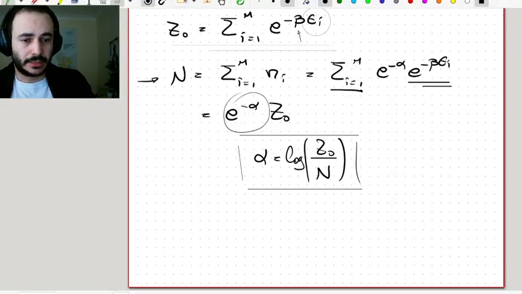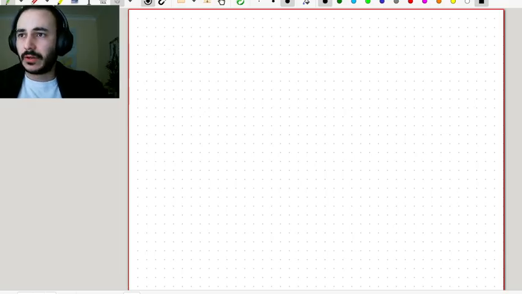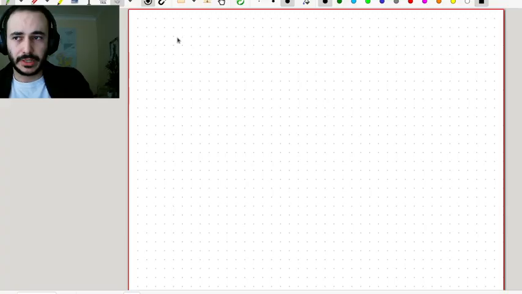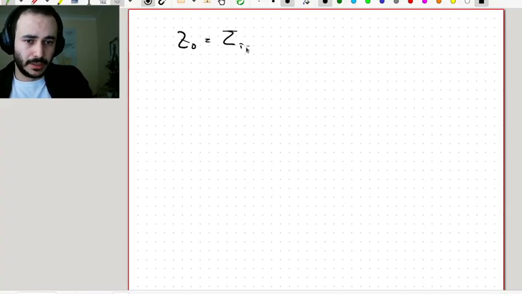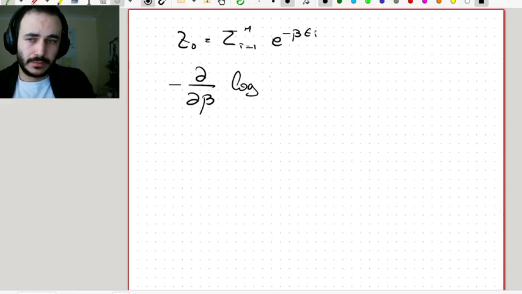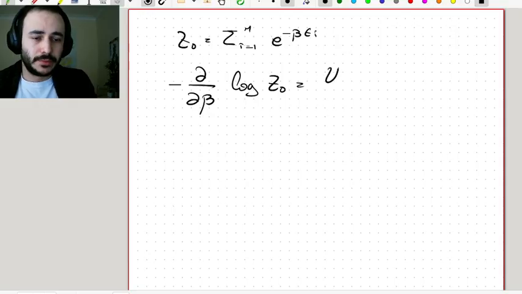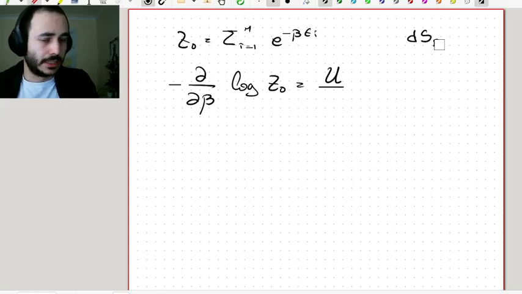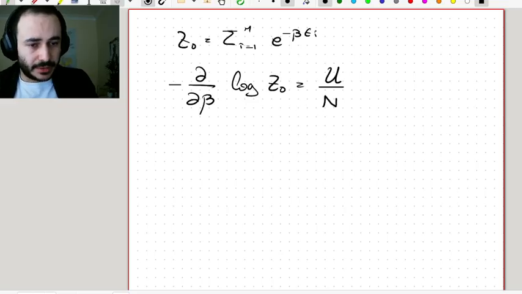It's actually quite straightforward. For the energy, remember we already saw this: the sum over the states of e to the minus beta E_i. When you take the derivative with respect to beta of the logarithm of this object, which we didn't give a name before but is the partition function, what we got in the explicit calculation two videos ago is the internal energy per particle.